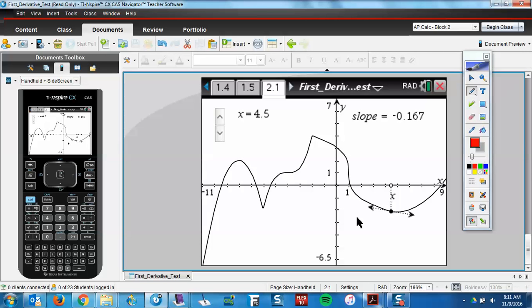We didn't say anything about F prime increasing yet. We've said if F prime is positive, F's increasing. If F prime is negative, F's decreasing, because that's just slope. Okay, so those are the first two basic pieces of information you've got to have down cold.